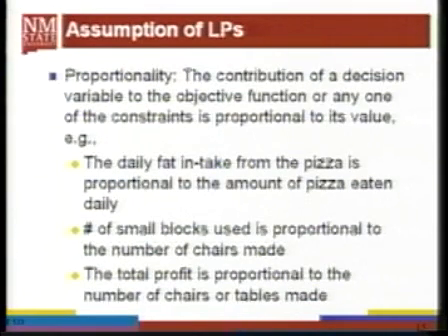So the proportionality assumption is that the contribution of each decision variable to the objective function or constraint function is proportional to the value of that variable. So for example, doubling or tripling a decision variable will double or triple the contribution to the profit function or the cost function.